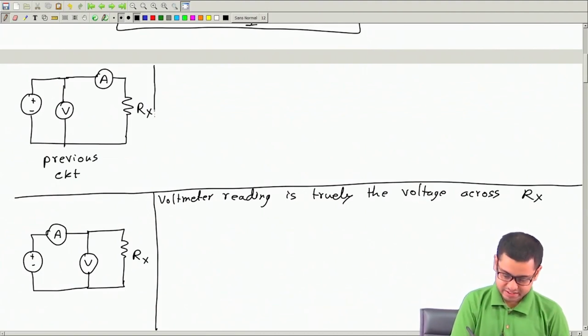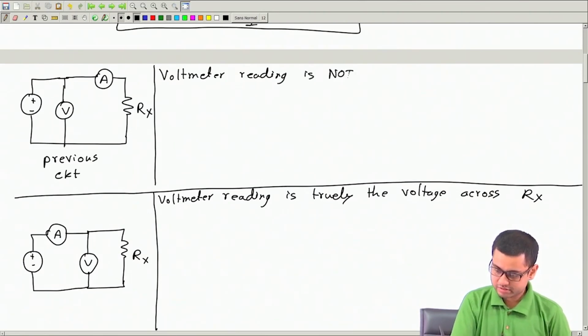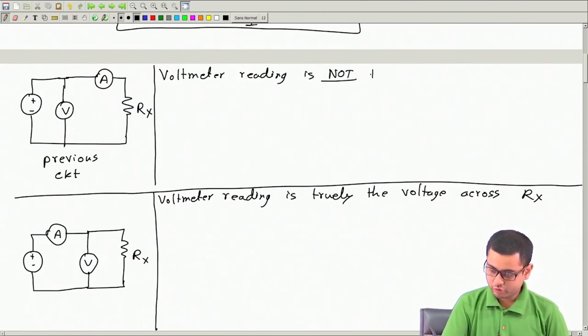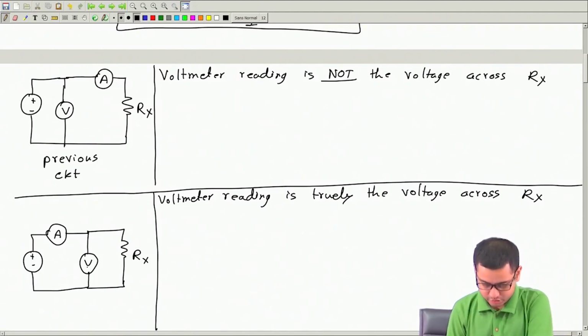But for this circuit, it was not so. The voltmeter reading is not the voltage across Rx. Okay, so this circuit seems better, good, but there is a problem.